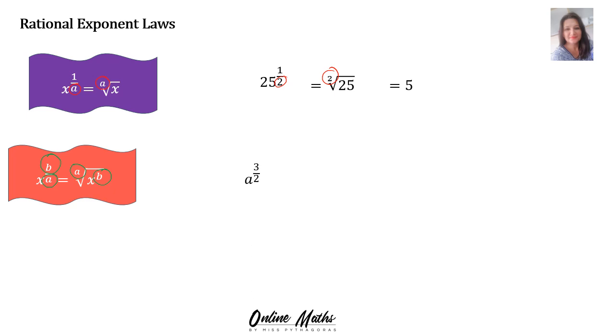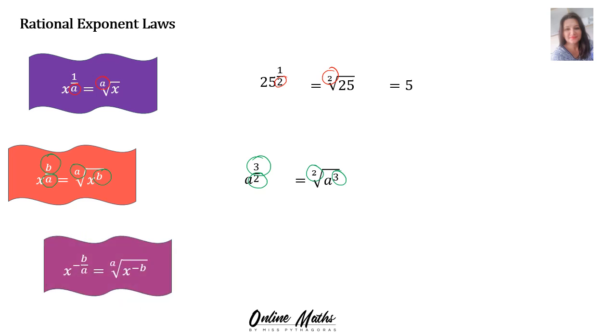So if I give you a to the 3 over 2, this will be the square root of a to the 3. So the denominator becomes the type of root, the numerator goes and stands under the root sign together with the base. And then that one has no real solution. You just leave it like that.